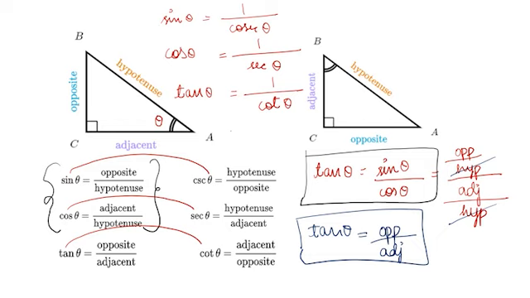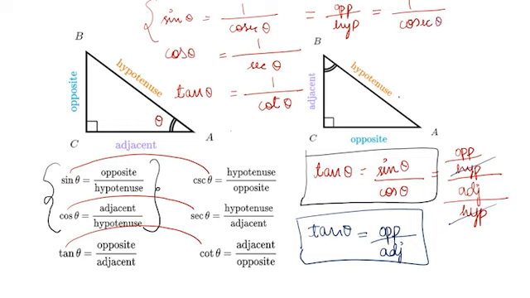So now you know what is sine theta, what is cos theta, and what is tan theta. By this you can find out what is cosec theta. You know what is sine theta, right? I'm just substituting in this formula. Sine is opposite by hypotenuse, correct. The remaining thing I'll write as it is: 1 by cosec theta.